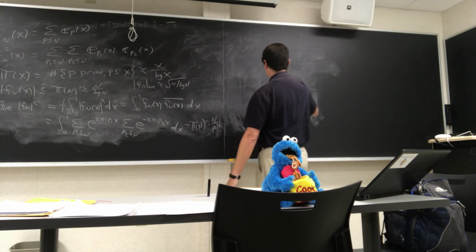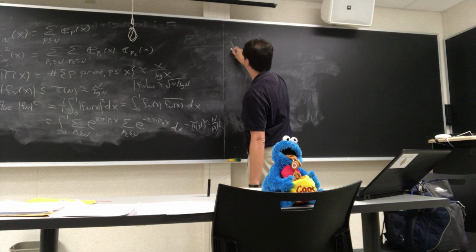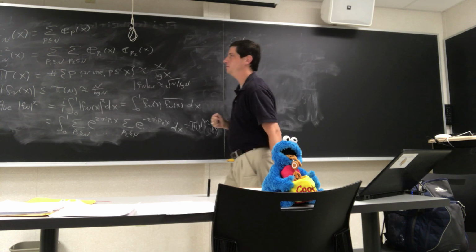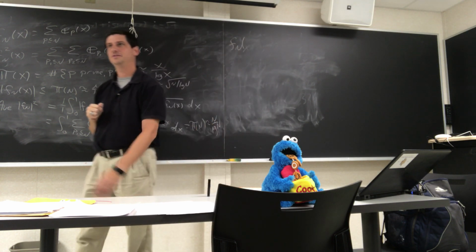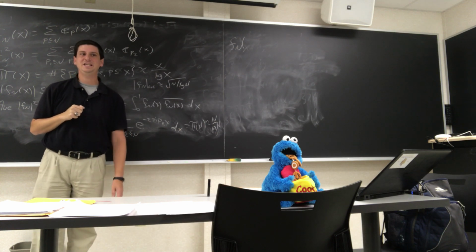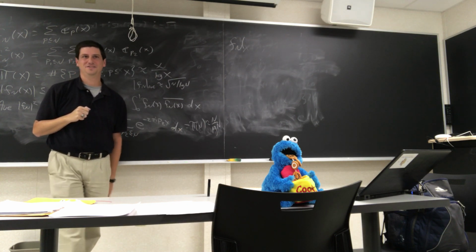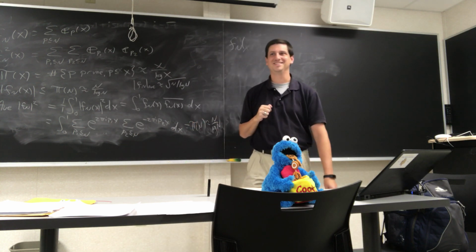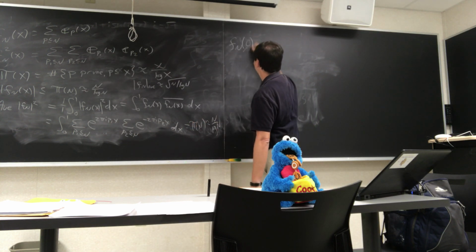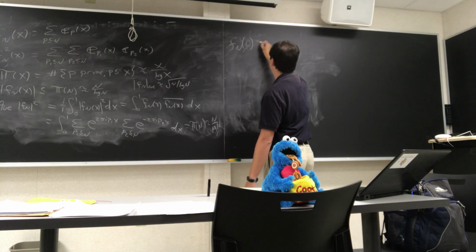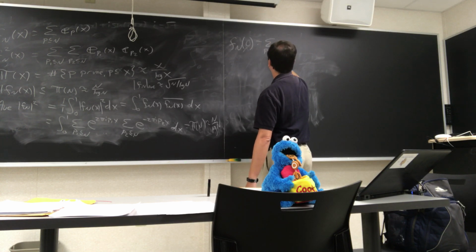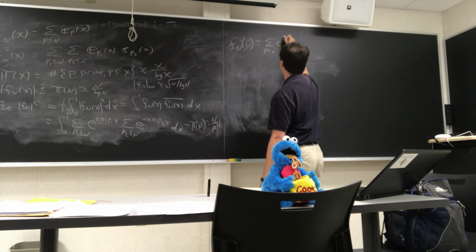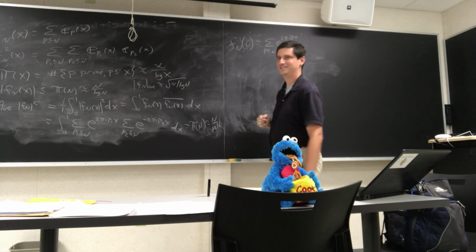Let's look now at some special values. What would be the easiest place to evaluate F_n(x)? Easiest: 0. F_n(0) is the sum over p less than or equal to n of e^(2πi p times 0).